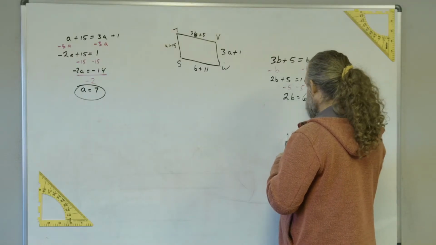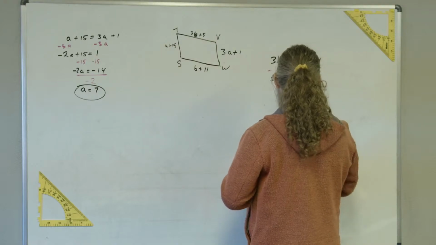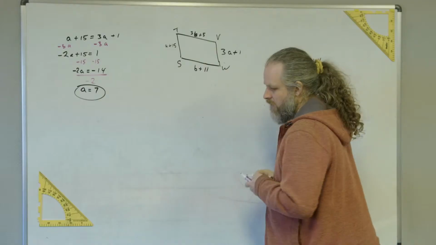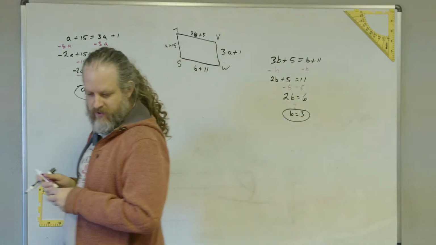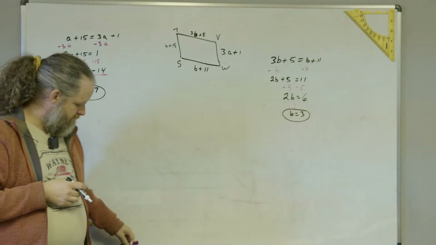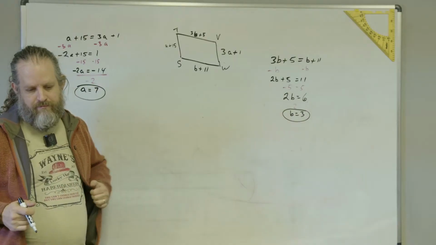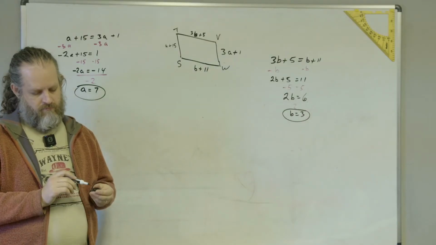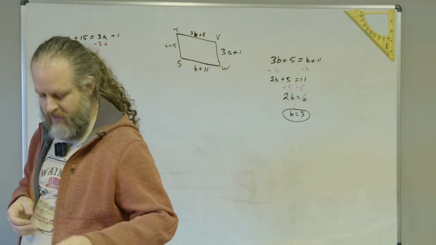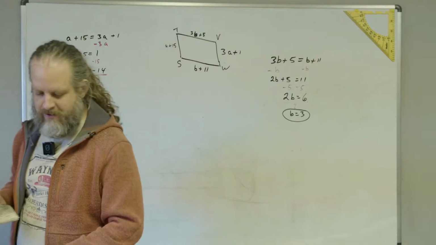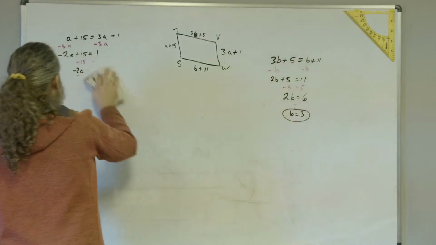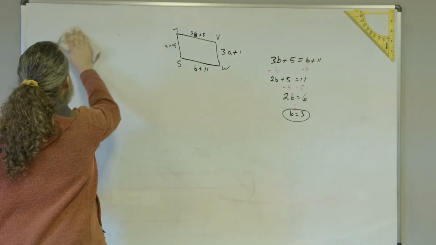And then we divide by 2, and we get b equals 3. Any other questions before we look at one or more of those proofs? All right, which proof do we want to start with? 24.